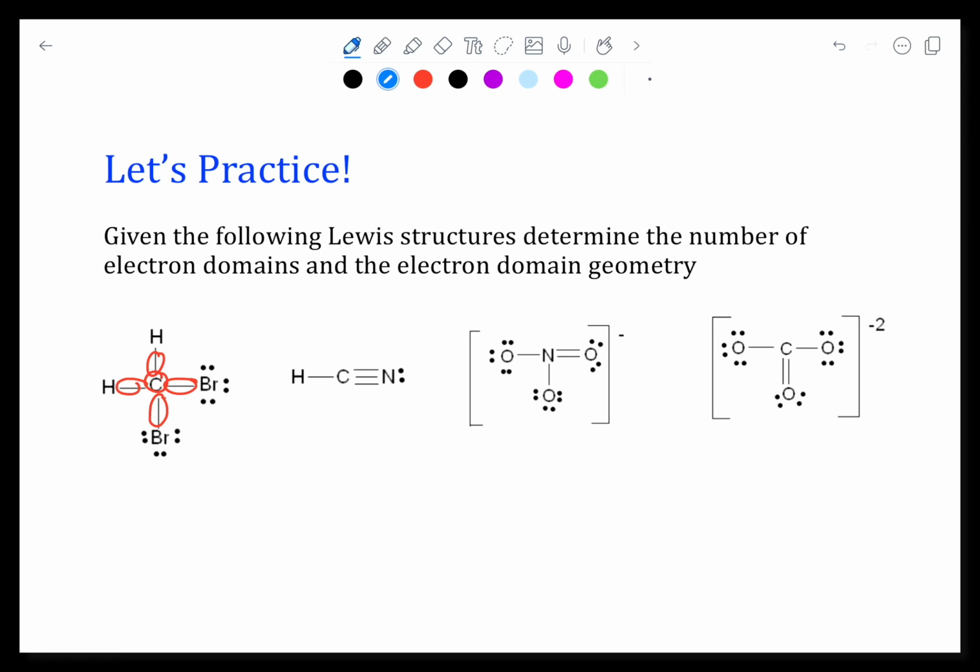So that's 4 electron domains. As we know from our previous examples, that would be tetrahedral. Okay, so for these last 3 structures, what I want you to do is pause your video and determine the number of electron domains and the electron domain geometry for each of them.